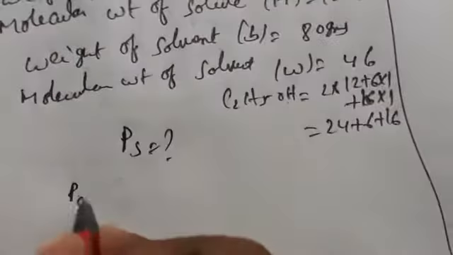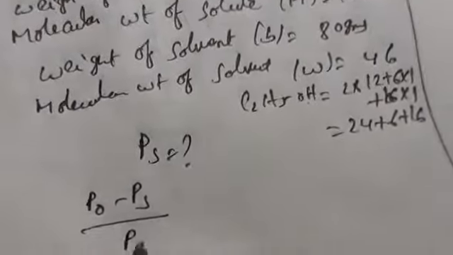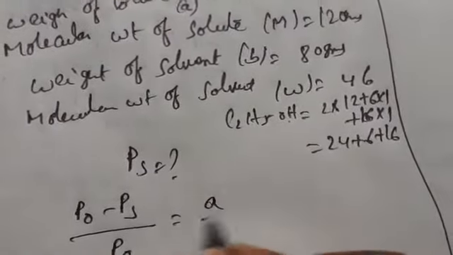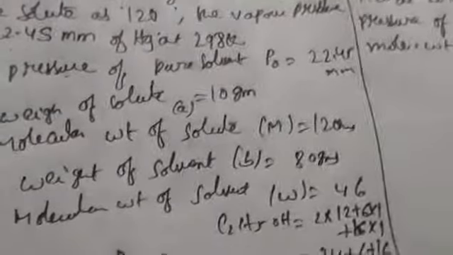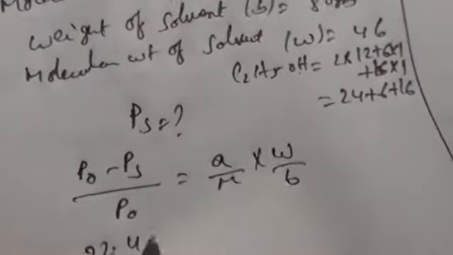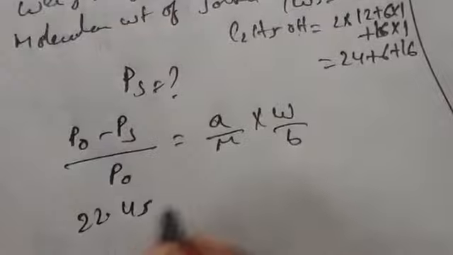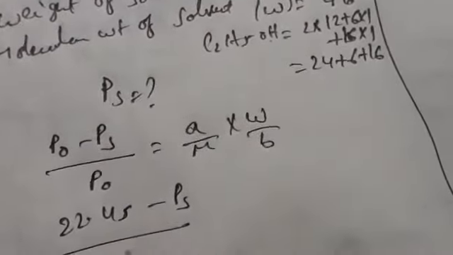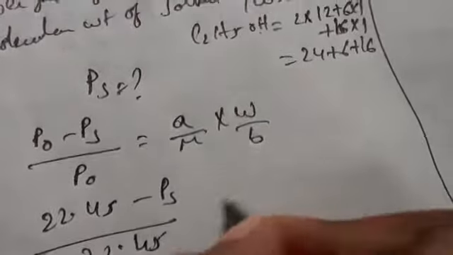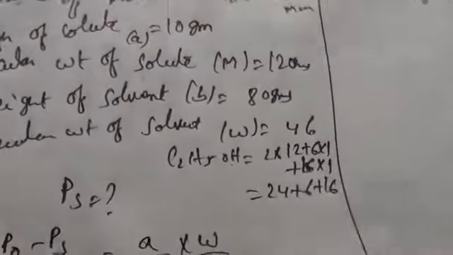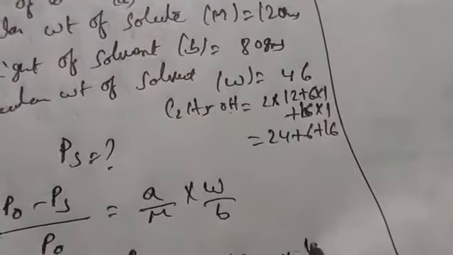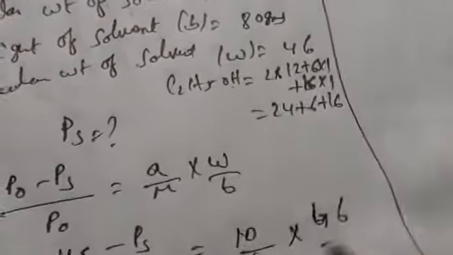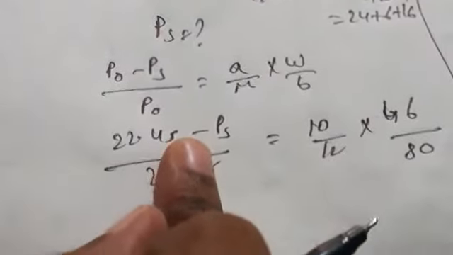According to Raoult's law, P naught minus PS by P naught is equal to A by M into W by B. So P naught is 22.45, minus PS, by 22.45 is equal to A 10 by 12 into 46 by 80. Okay, so here we have to find PS now.